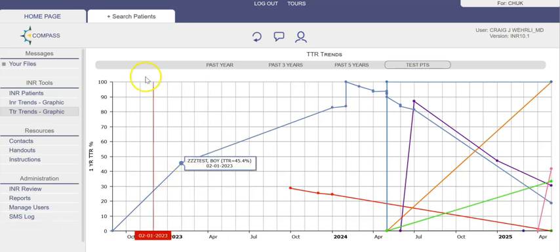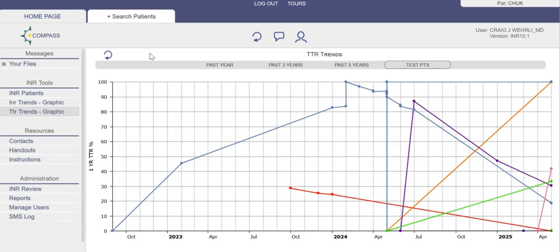Final use of TTR is for the comparison from one time period to the next. So it might be that COMPASS is beneficial in improving the TTR of its patient population.